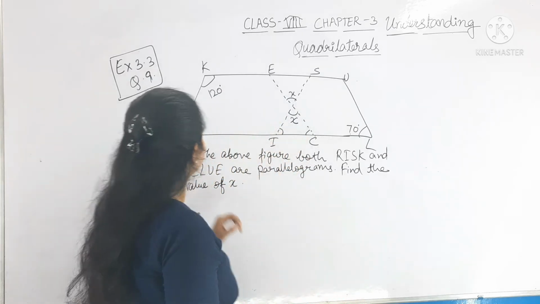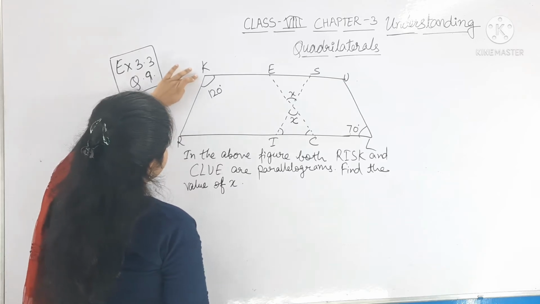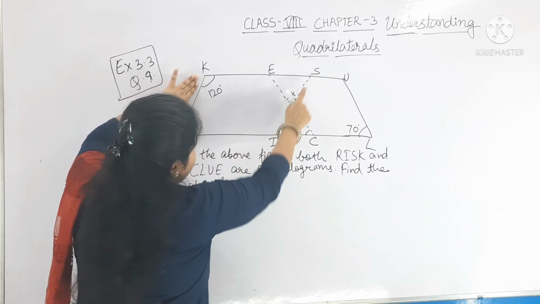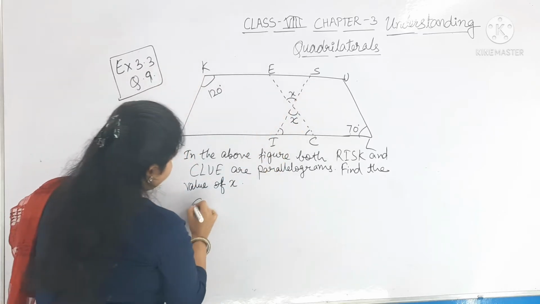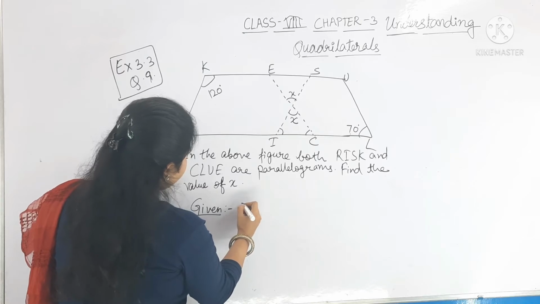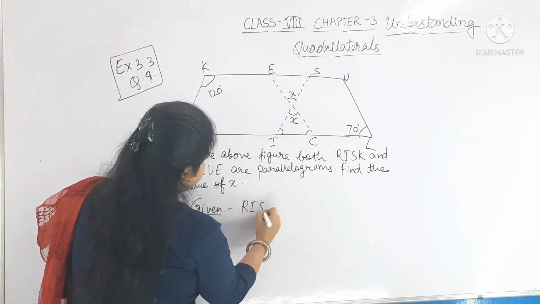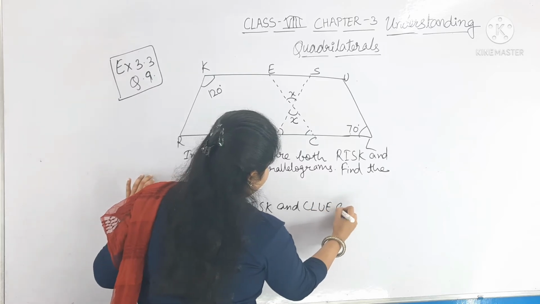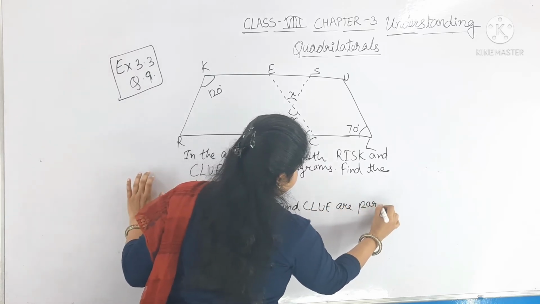So here this is parallelogram KRIS. First we have to write the given. What is given? RISK and CLUE are parallelograms.